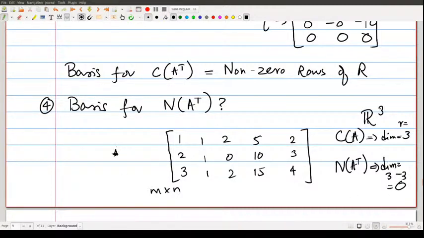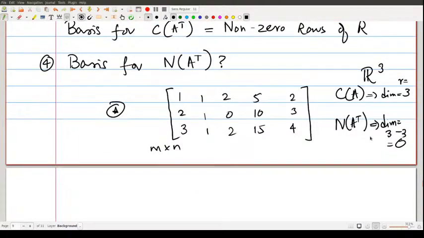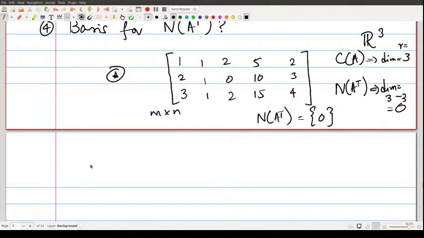So this is the first example. In this example, the null space is 0 dimension. There is no vector that spans it, which means we don't have a basis because it's just the 0 vector.